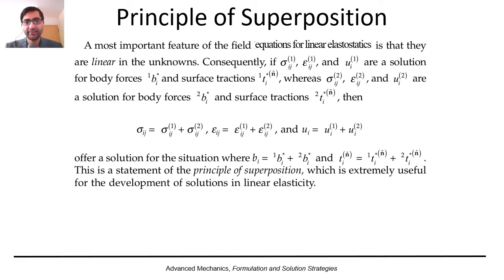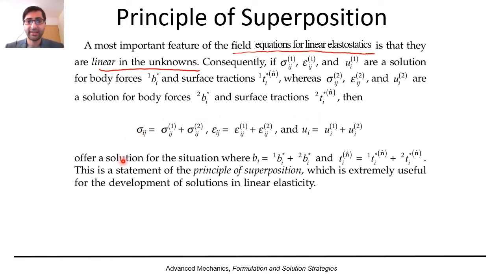You remember that the field equations for linear elastostatics are linear in terms of the unknowns. As a result, assume that epsilon 1, sigma 1, and u1 are a solution for body force B1 and traction forces T1. And also sigma 2, epsilon 2, u2 are a solution for body force B2 and surface traction T2.